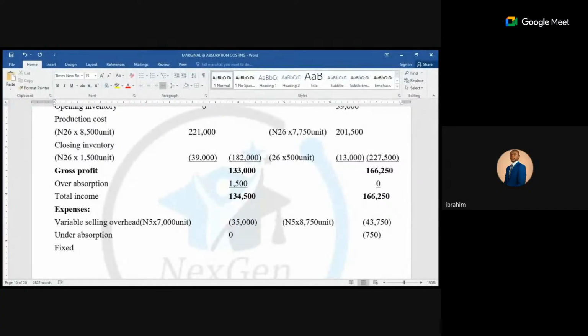In some questions they will give you the variable selling overhead cost, but not the per unit figure. So for fixed selling overhead, what is the cost per unit? 2 naira per unit times 7,000 units.